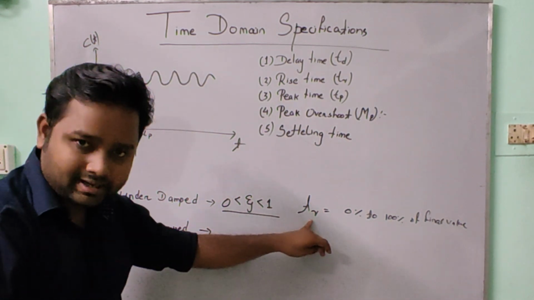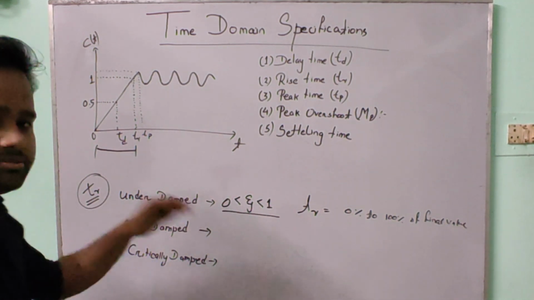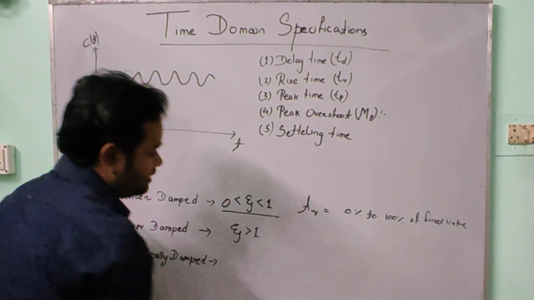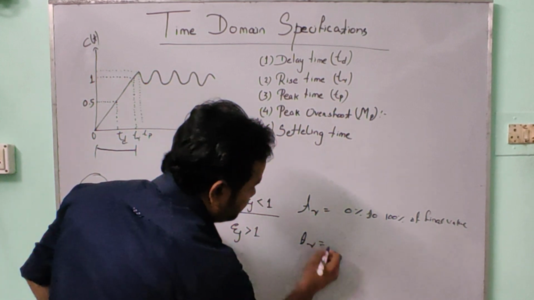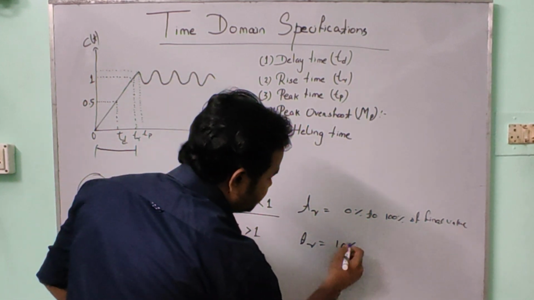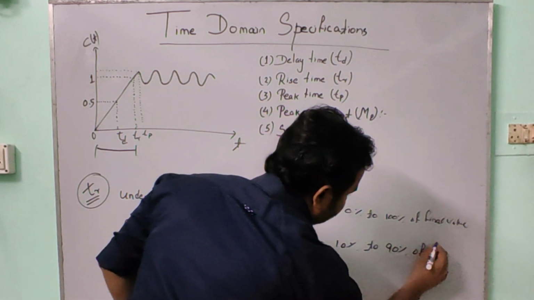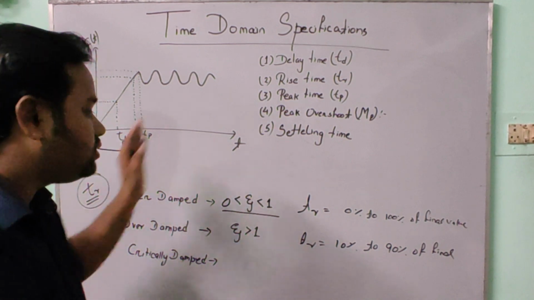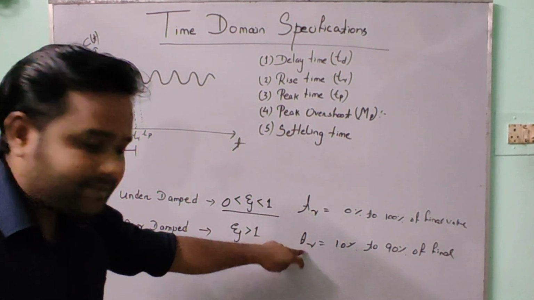That is the rise time for an under damped system. Similarly, for an over damped system, zeta is greater than 1. If zeta is greater than 1, the time taken to reach from 10% to 90% of the final value is known as rise time for an over damped system.